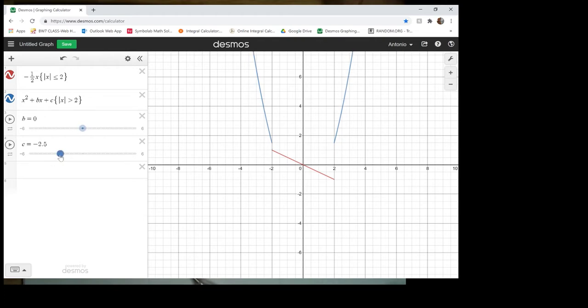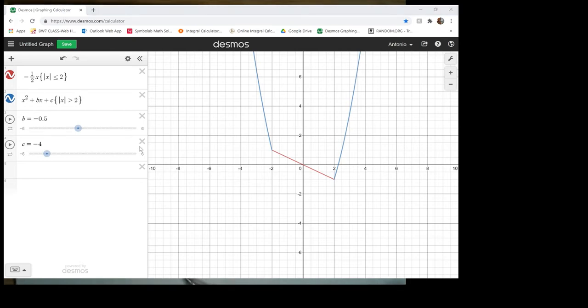If I change c, they are working together. So I need to find a way where both of them are connected on both ends. And now how do we do something like that?